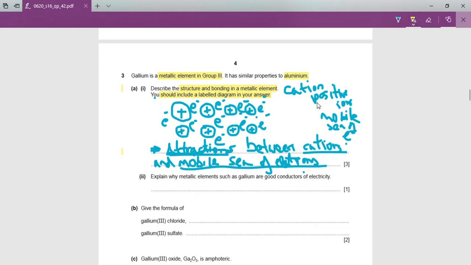Explain why metallic elements such as gallium are good conductors of electricity. So you can say that the mobile sea of electrons carry charge.